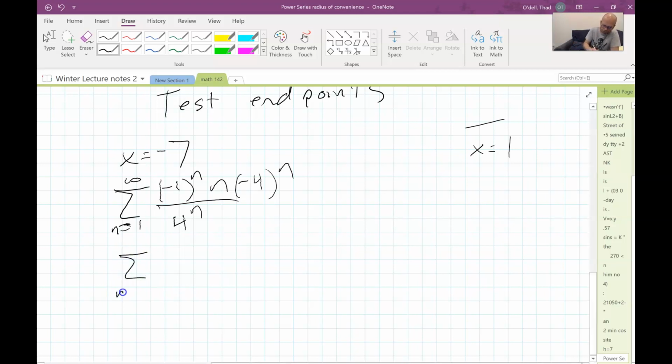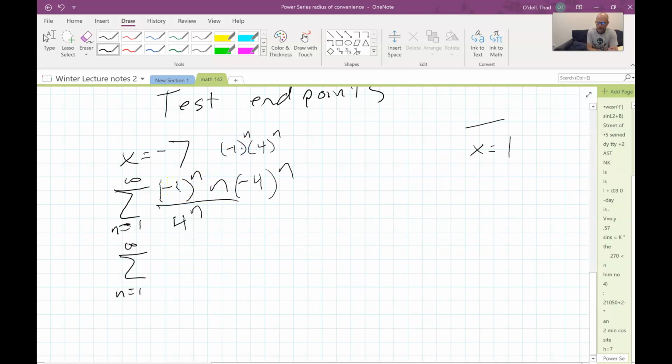So we're going to run n from 1 to infinity once again. And notice that if I pull a -1 out of here, this would be -1 to the n times 4 to the n, because if I take -1 to the n and 4 to the n and multiply them together, I'm going to get -4 to the n. And so notice I have -1 to the n here and -1 to the n there.